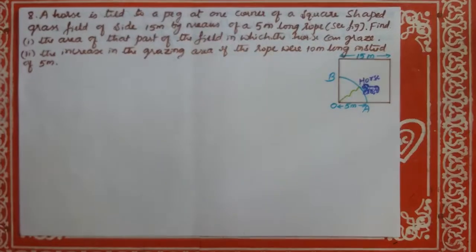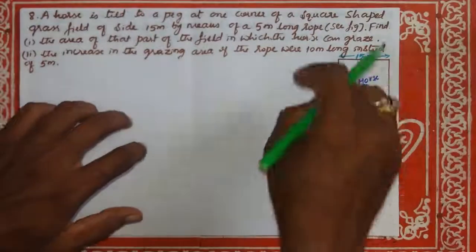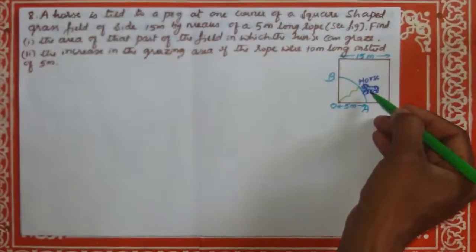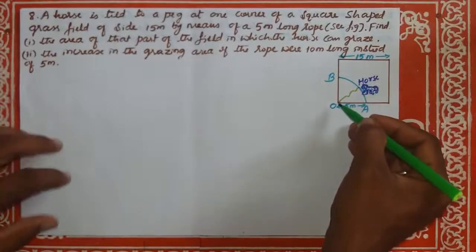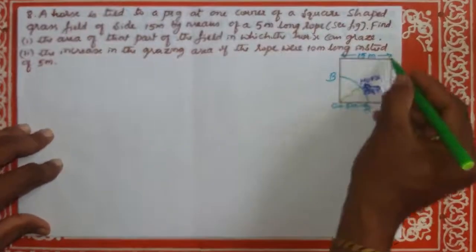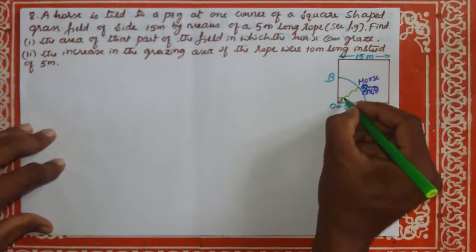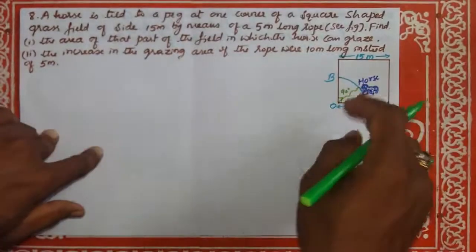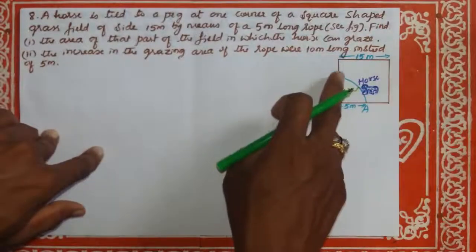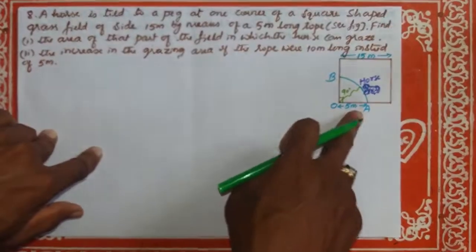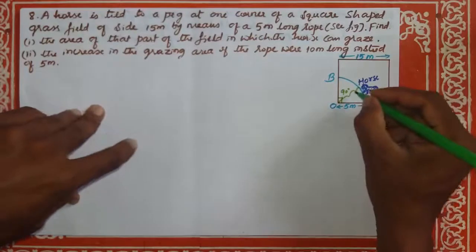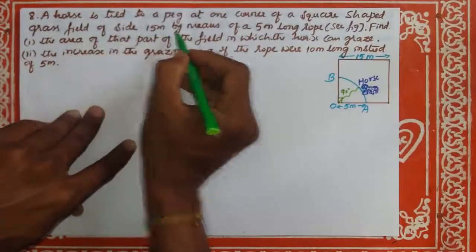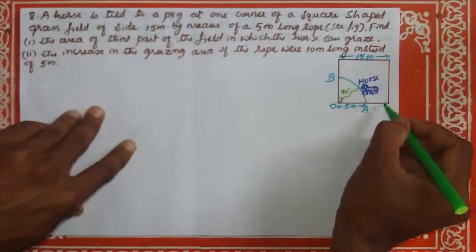Very simple this question. See here, from the figure it can be observed that the horse can graze a sector of angle 90 degree. It is a square shaped field, they have told. It's nothing but this is 90 degree, in a circle of how much meter? 5 meter. Each side of the square is 15 meter.